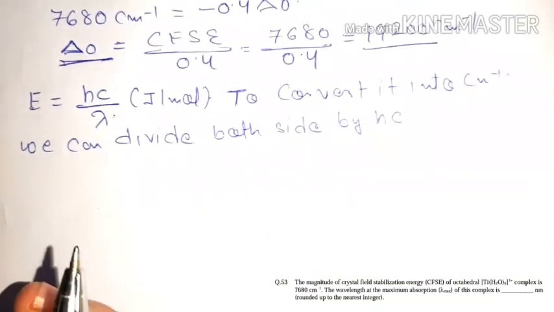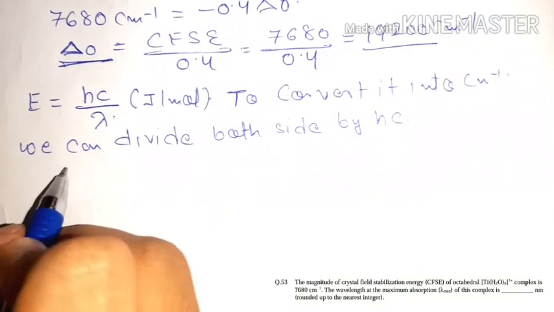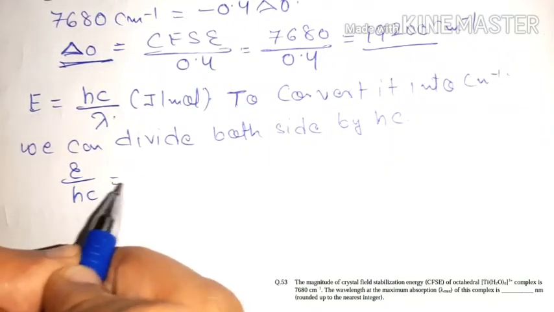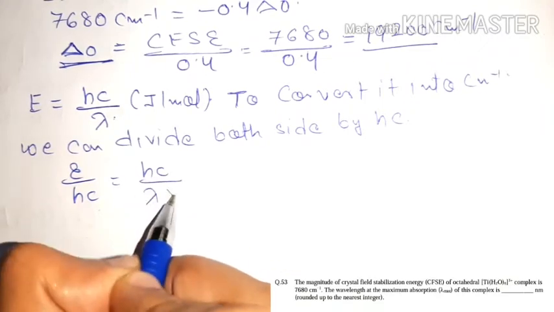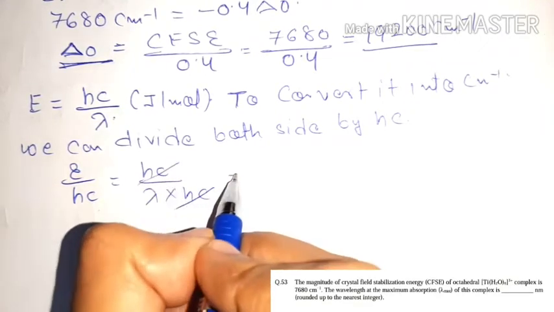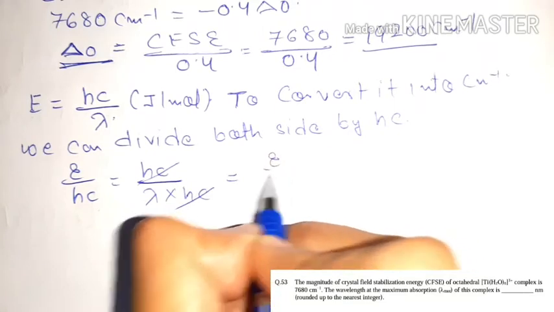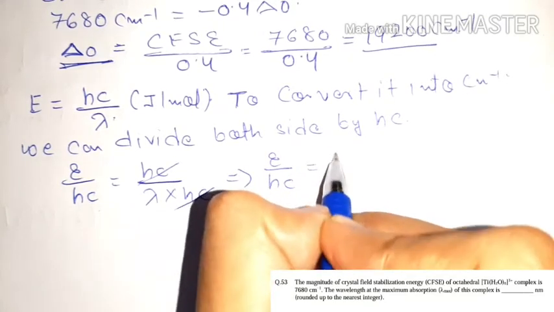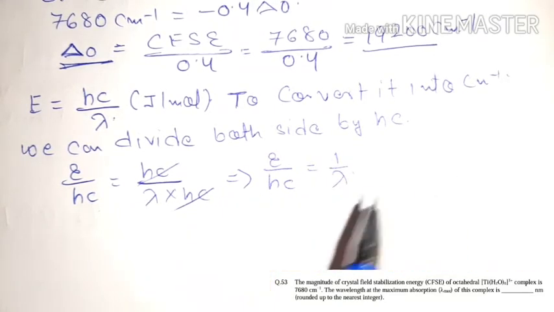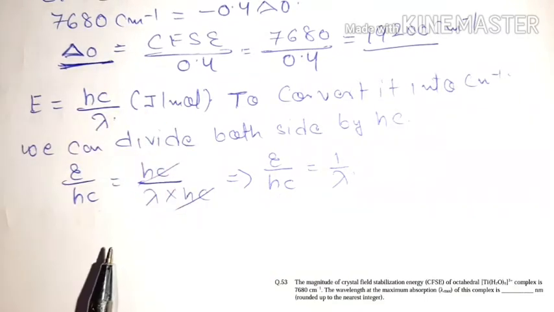Now what happens after this conversion? We have E upon hc is equal to hc by lambda into hc. So here hc and hc cancel, so E upon hc is equal to 1 upon lambda, and you know E upon hc is equal to ΔO.